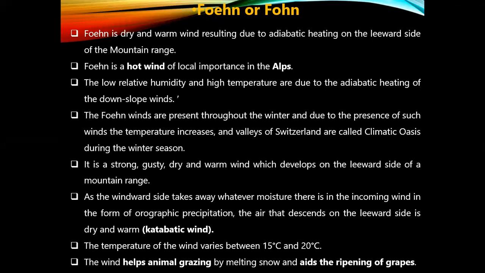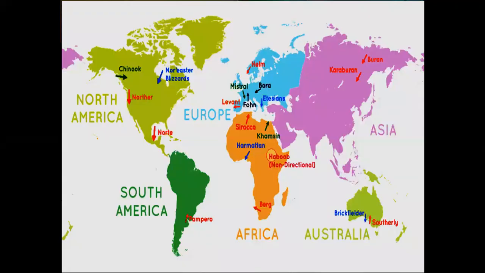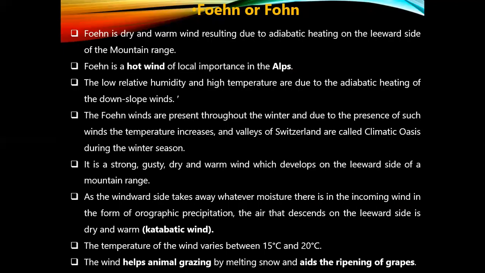It is a strong, gusty, dry, and warm wind which develops on the leeward side of a mountain range. As the windward side takes away whatever moisture there is in the incoming wind in the form of orographic precipitation, the air that descends on the leeward side is dry and warm, that is, katabatic wind.